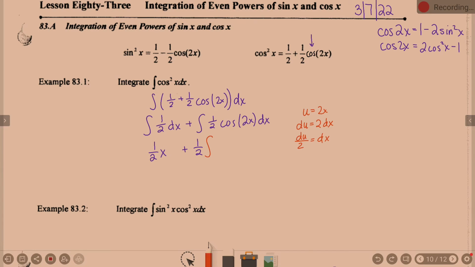It's 1/2 times the integral of cosine 2x, I can make cosine of u times dx, which dx is going to be a du and a 1/2, right? That's the longer way to work it out. In case you're wondering, okay, what about this 1/2? It does legitimately need to be there.